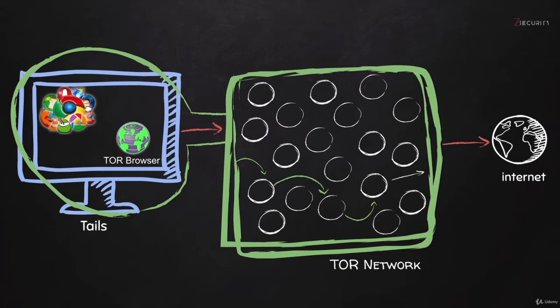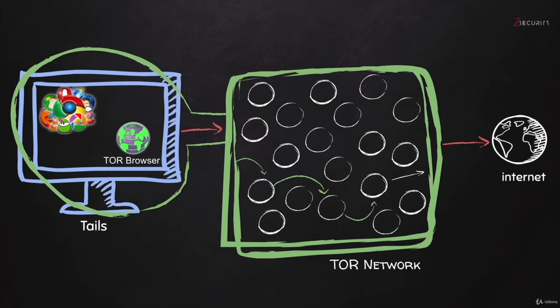Now, usually the authentication is done using a web browser. Any web browser will work, but the Tor browser will not work because, as we know, Tor browser will route traffic through the Tor network, and therefore you won't be able to authenticate with the local network.